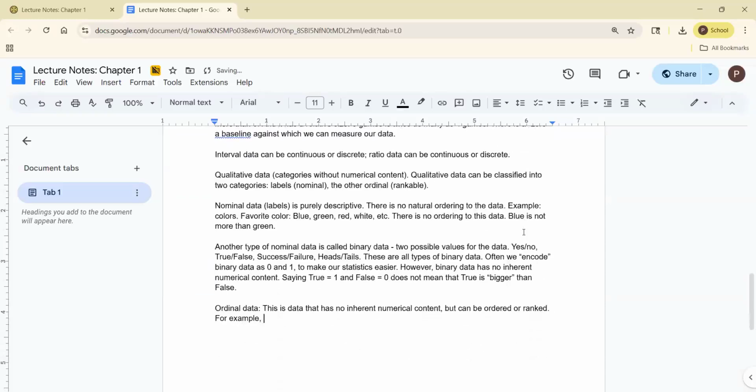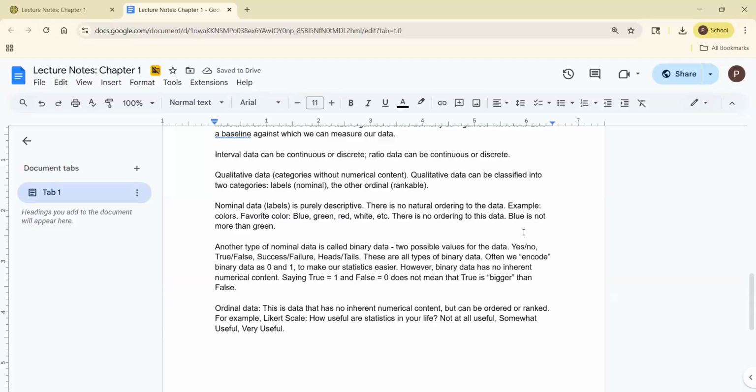For example, the most common example is the Likert scale, which asks you a question like, how useful are statistics in your life? And you can answer not at all useful, somewhat useful, or very useful.